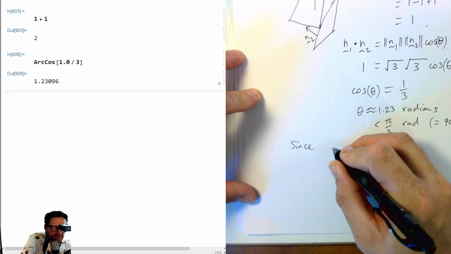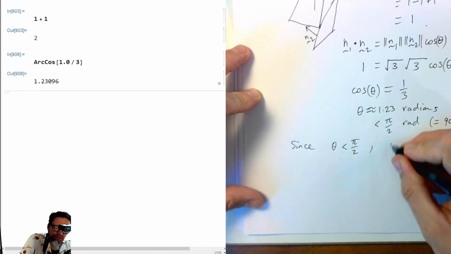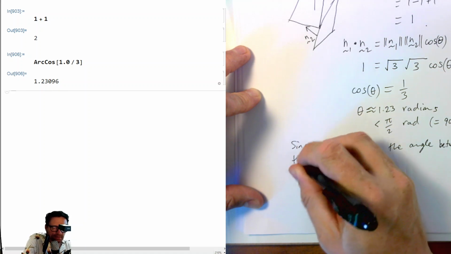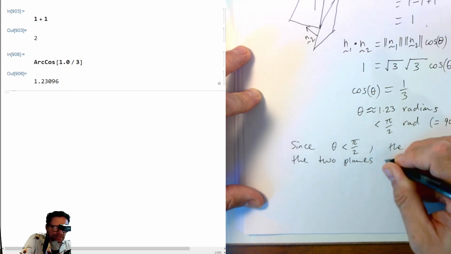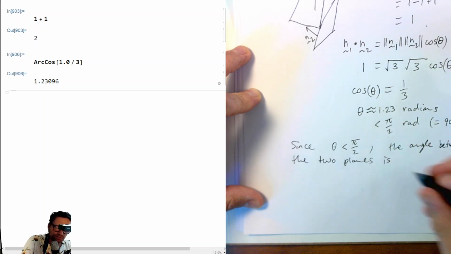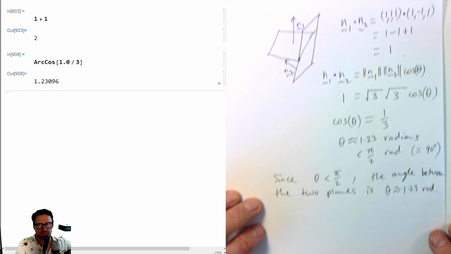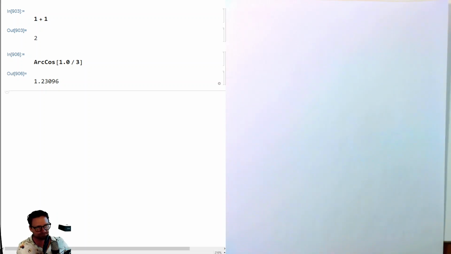So since theta is less than pi on 2 radians, the angle between two planes is also theta, approximately 1.23 radians. Okay, let's move on to the next problem.